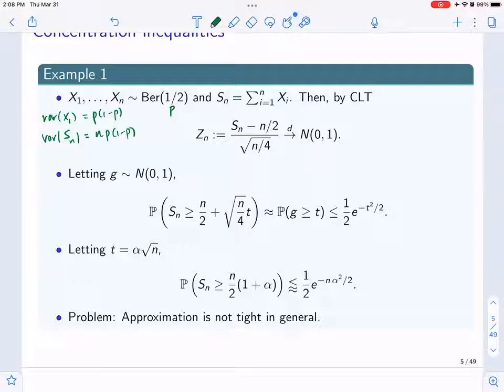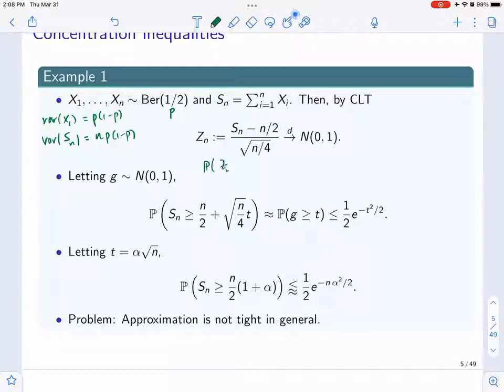That's the CLT. If you unpack the definition of convergence in distribution, it tells you that the probability that Zn is bigger than t converges, for every t, to the probability that a standard Gaussian g is bigger than or equal to t. We're going to take t bigger than 0.